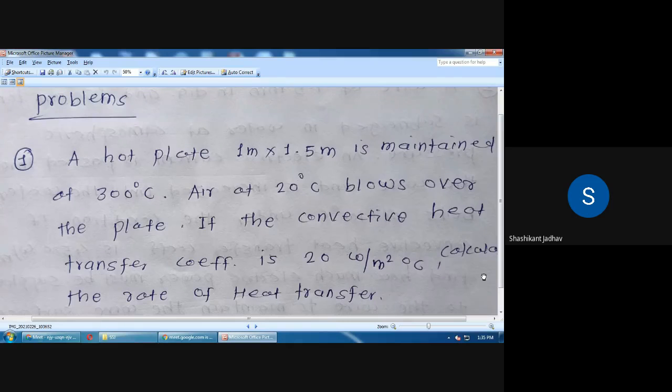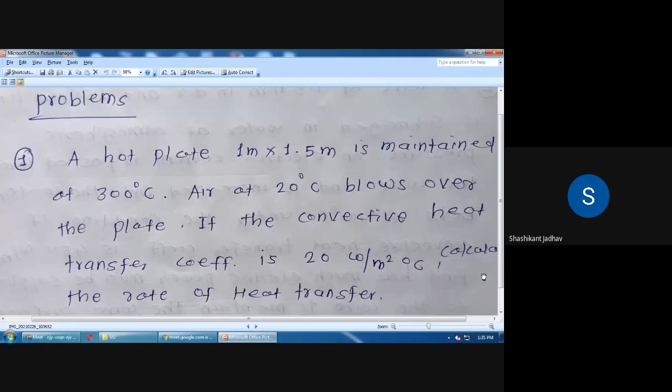If the convective heat transfer coefficient is 20 watt per meter square degree Celsius, calculate the rate of heat transfer.